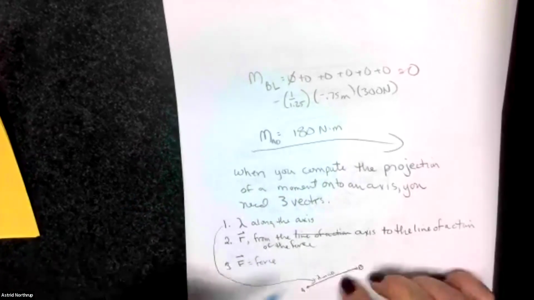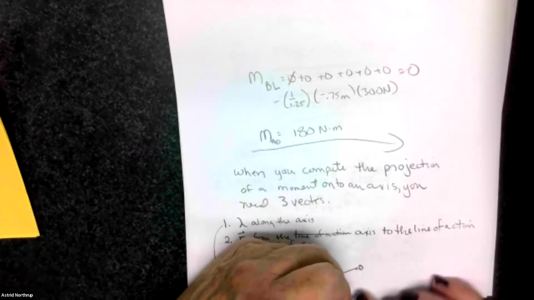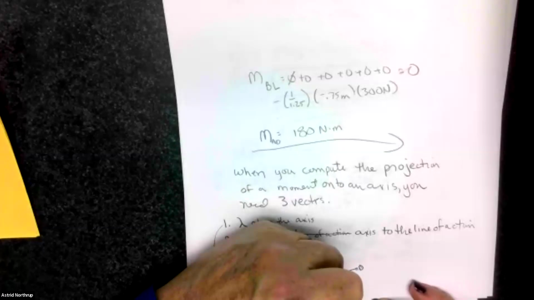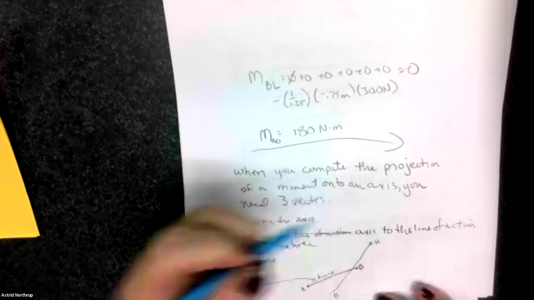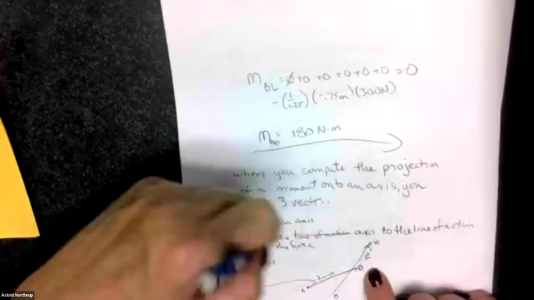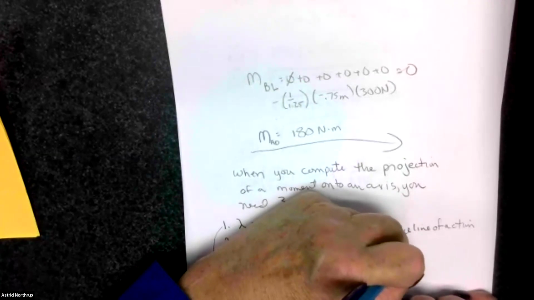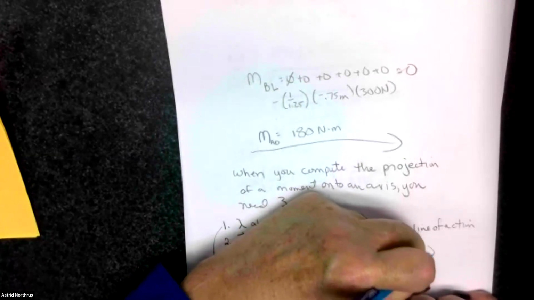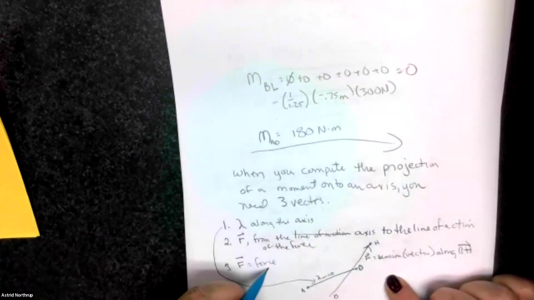Now here, B starts here and ends up here. This is B to H. And we know that the force is the tension written as a vector, not as a scalar, along BH. So that's this right here.